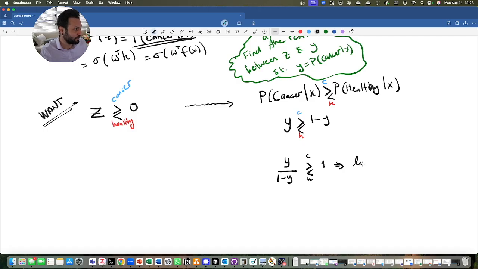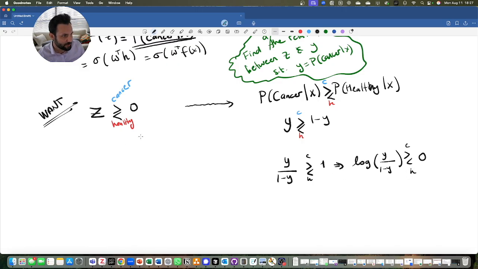So I can take the log of both parts, Y over 1 minus Y. If this term becomes greater than 0, I call it cancer. If this becomes less than 0, I call it healthy.